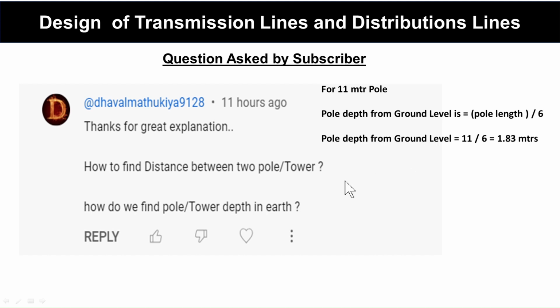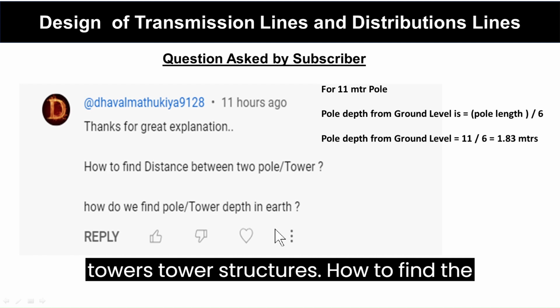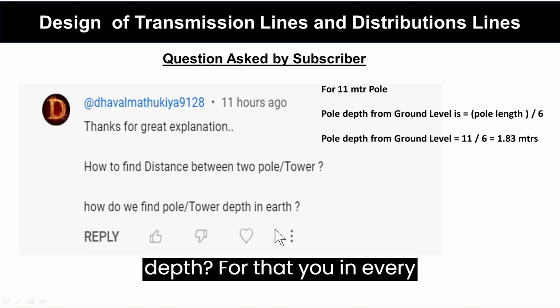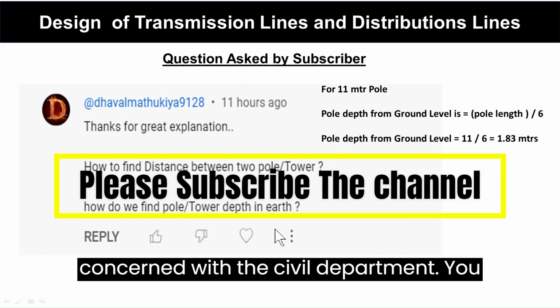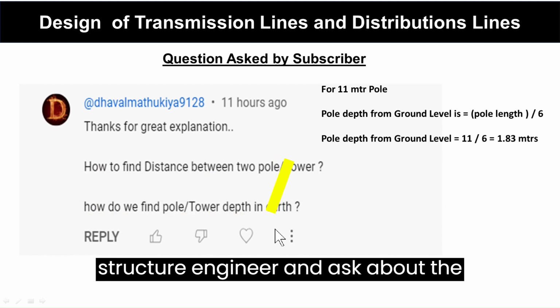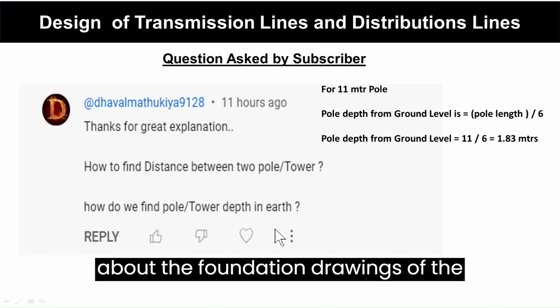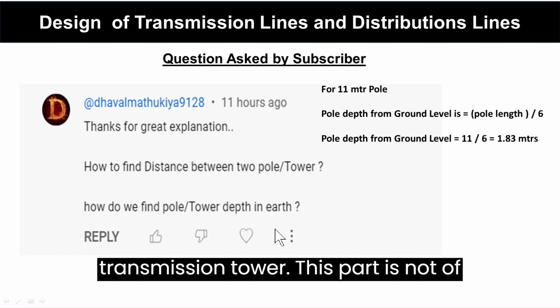Now the question remains is how to find the depth of the towers. For tower structures, in every organization there is a structure engineer who is mainly concerned with the civil department. You can contact the structure engineer and ask about the structure drawings, about the pole depth, and about the foundation drawing of the transmission tower.